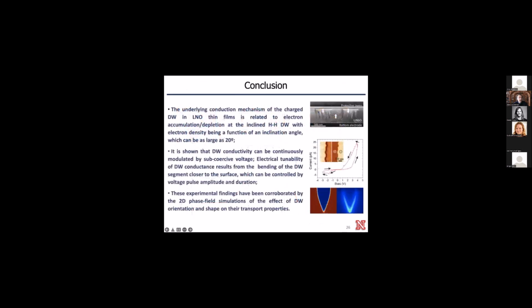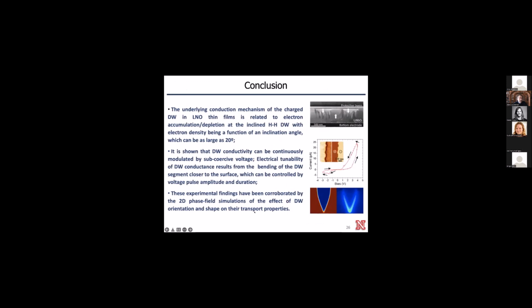And now I've got to the end of my presentation. So basically we concluded that the underlying conduction mechanism of the charged domain walls is related to the electron accumulation at the inclined domain walls. And we show that domain wall conductivity can be continuously modulated by subcoercive voltage, because we can change the conformation or shape of these domain walls.